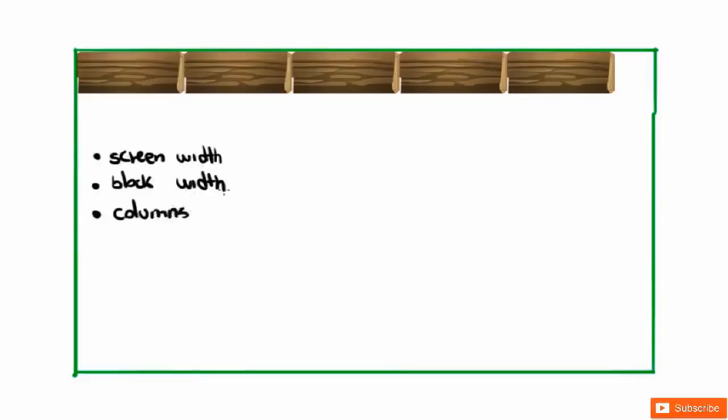Actually, columns is a function of the screen width and the block width, because how do we get the number of columns? I'm going to call it col, and we get it just by dividing the screen width, SW for short, by the block width, BW for short. So the columns is basically the screen width divided by the block width. But this of course can be a floating point value, so I'm going to get the floor of this value.